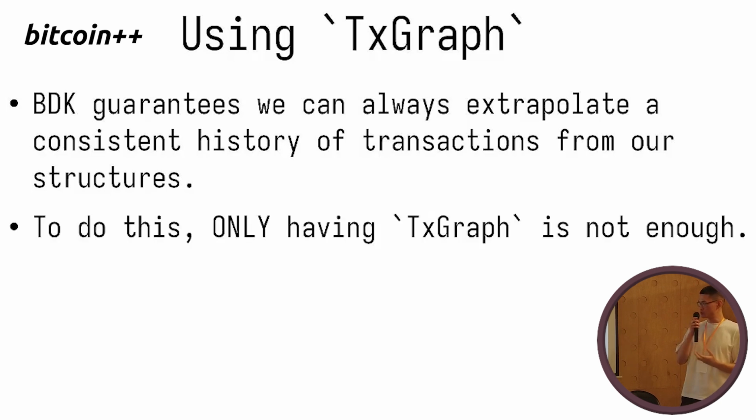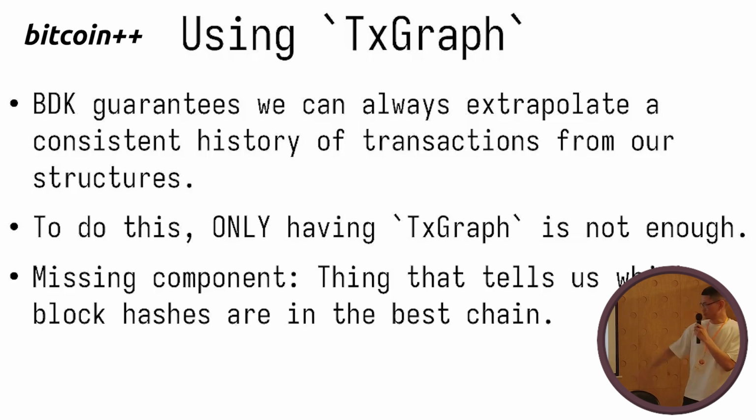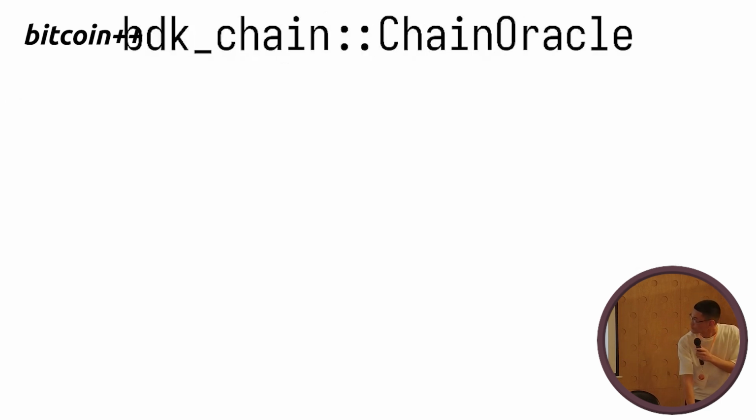To do this, having only the transaction graph is not enough. With the anchors, you know that this transaction exists in this block, but we don't know which block hashes are in this chain. So the missing component is this.